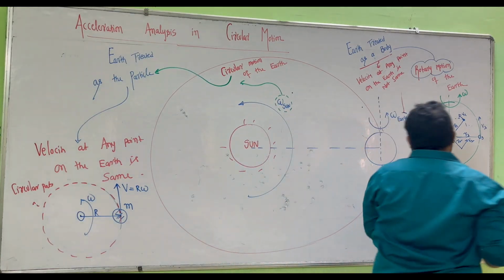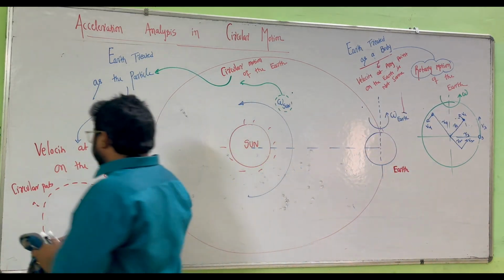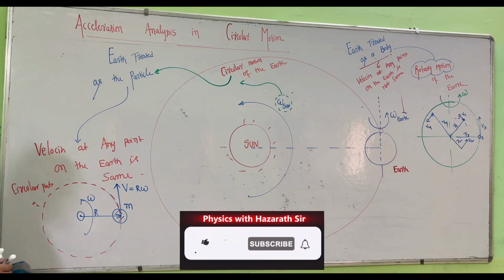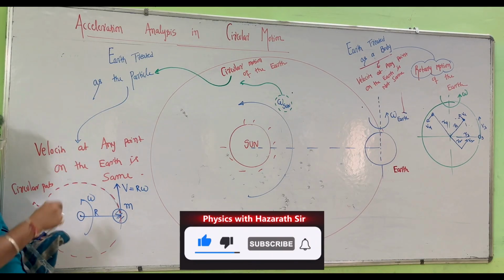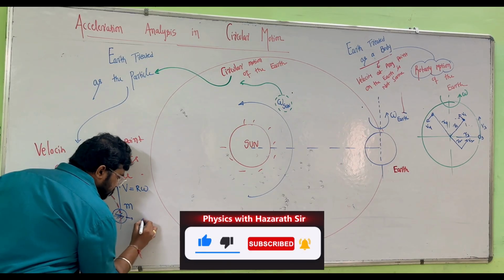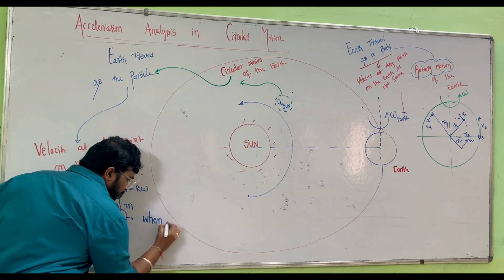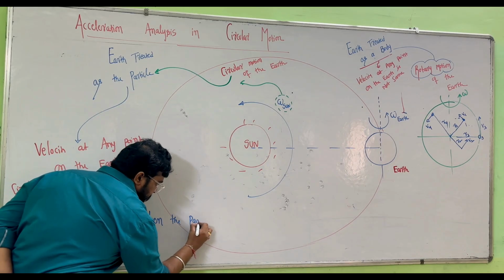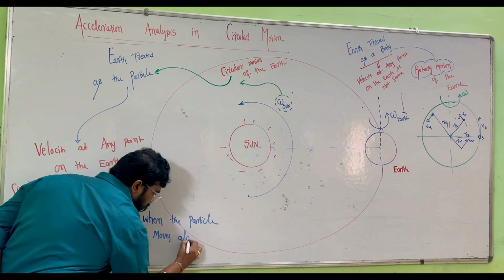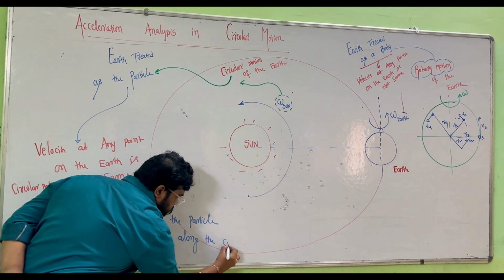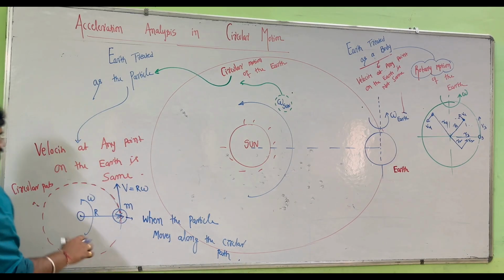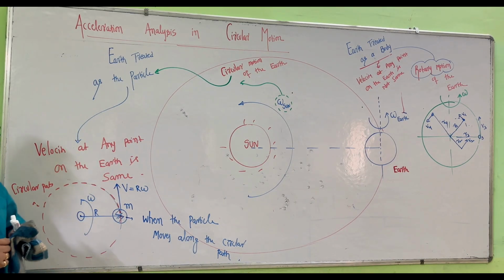This is the body. Body rotating. Particle is in circular motion, moving along the circular path. That is circular motion. When the particle moves along the circular path, then that particle is under circular motion.